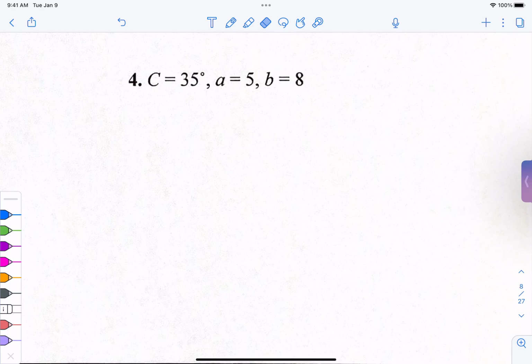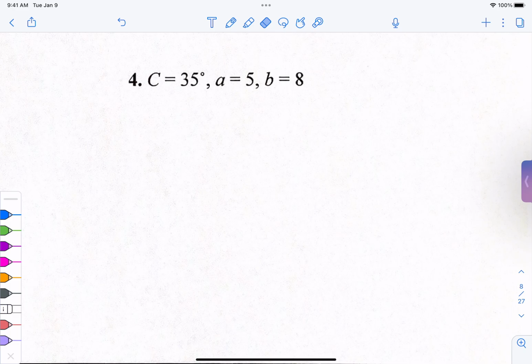Number 4, I think, is one of those triangles that has 2 different solutions. You know how we talked about having two different solutions? So if you're getting different values for angle A and angle B, just know that there are two different possibilities for setting up this triangle. If your answer is not the same as somebody else's, it's because you found the other triangle and they found the one triangle.